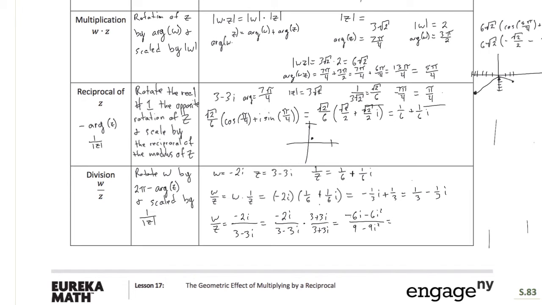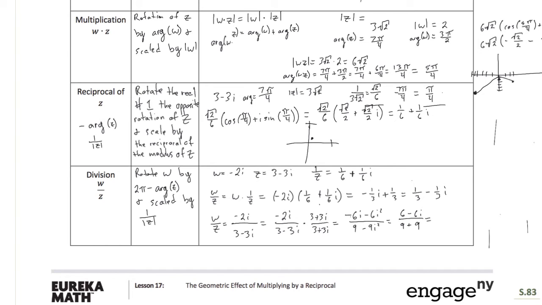This is going to be 6 minus 6i over 9 minus, did I forget something there? No, I don't think so. I'm just being silly. That's going to become positive. I thought we were going to go to 0 for a second. I was scared.